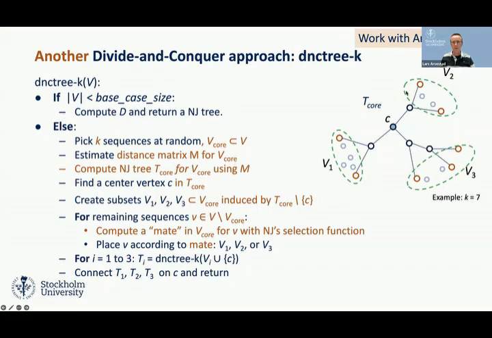So we've created these 3 subproblems, and what we do is to join the center vertex into each of these subproblems, compute the necessary artificial distances that are needed for this artificial sequence to all the other sequences, and then recursively compute trees again using the same algorithm.